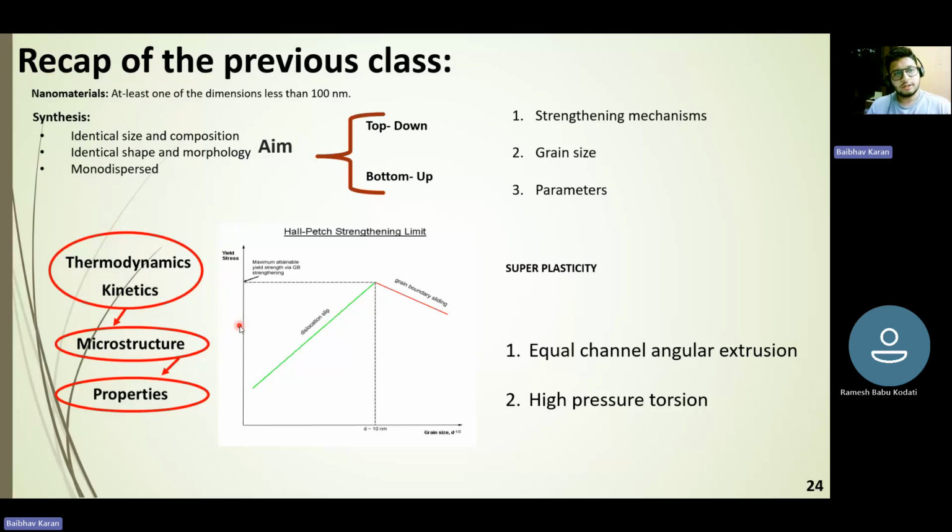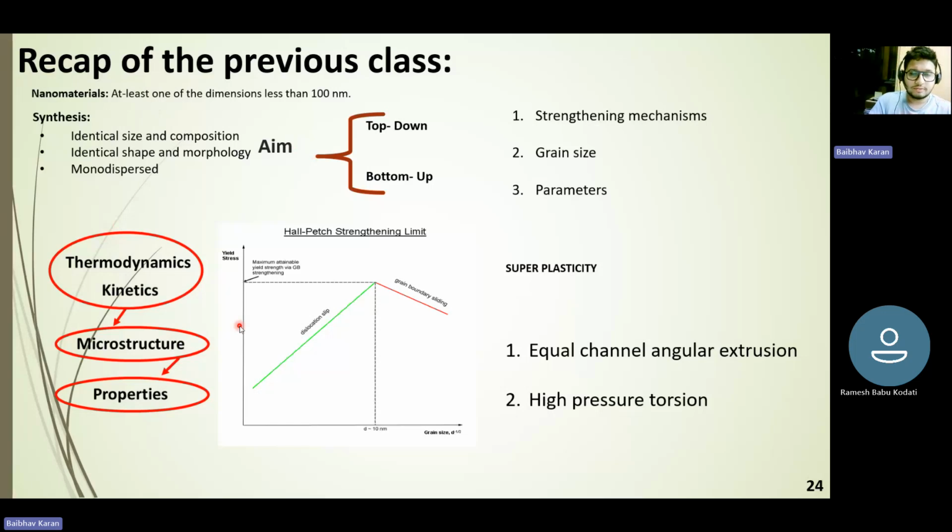Then we learned about Hall-Petch strengthening, how Hall-Petch is valid in the micron scale, and below the micron scale in the nanoscale. In the micron scale, we are following the Hall-Petch relationship. That is, the yield strength of the material is inversely proportional to the square root of the grain size.